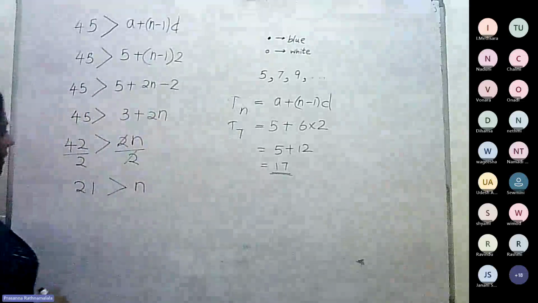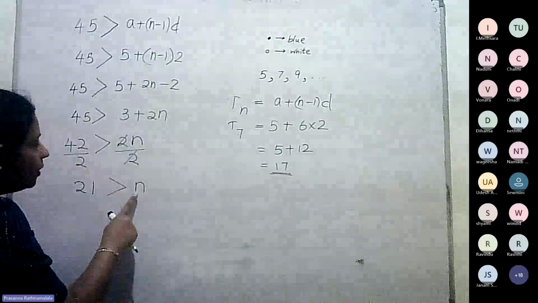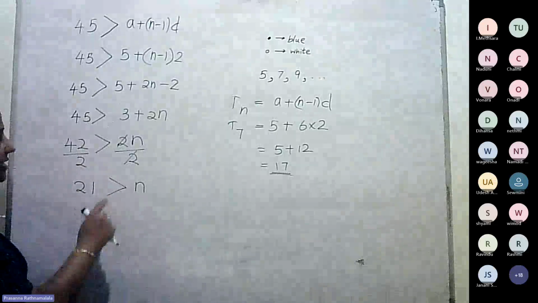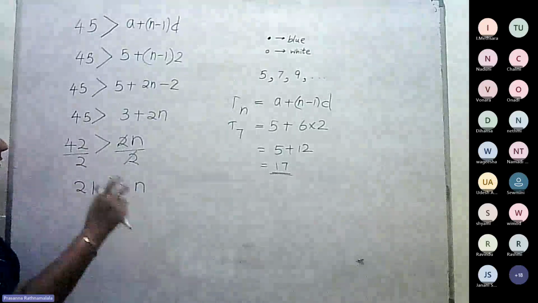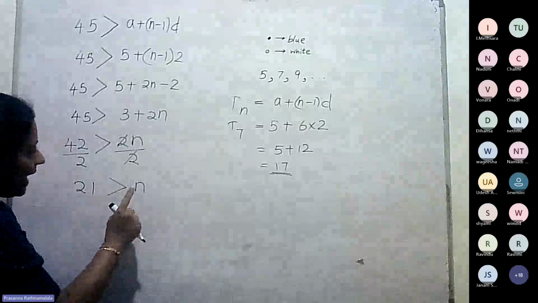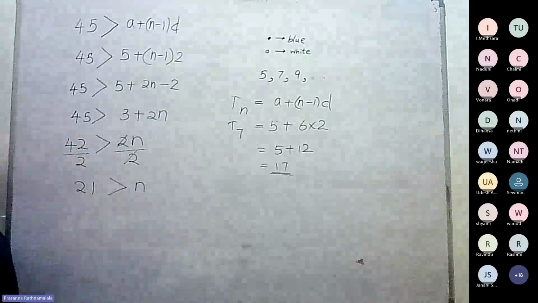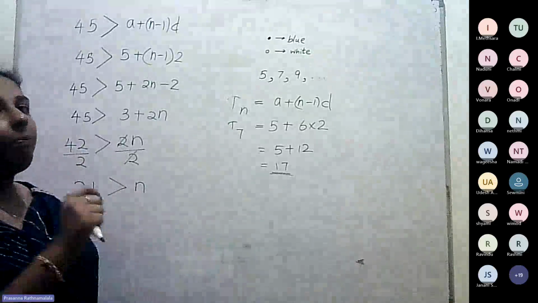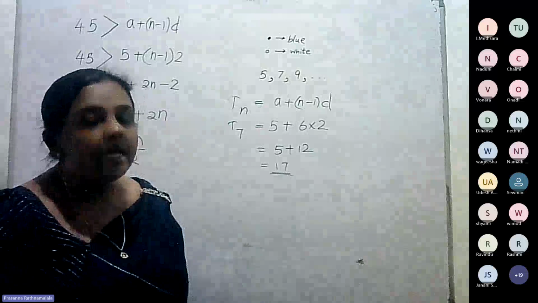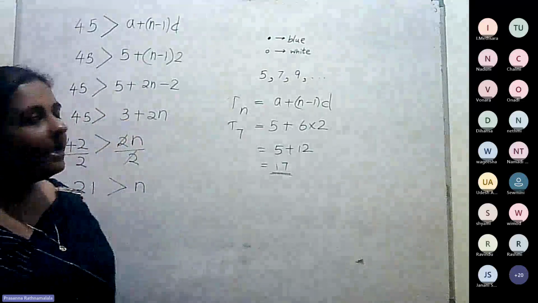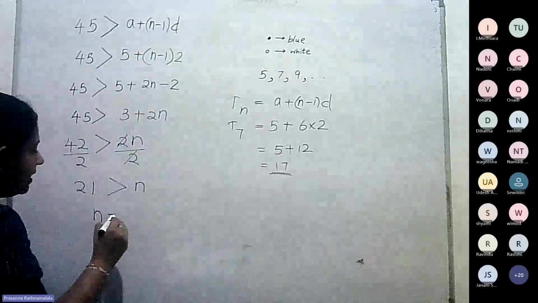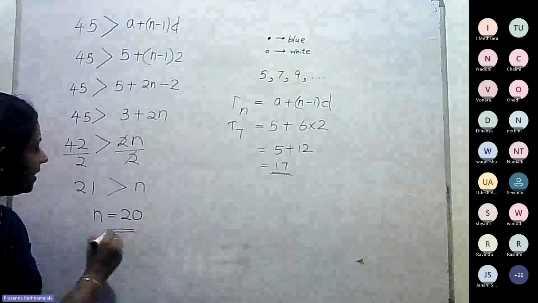Right. Then what is the suitable value? What is the closest value of n less than 21? Again, the positive whole number less than 21. That is 20. Now n equals 20.